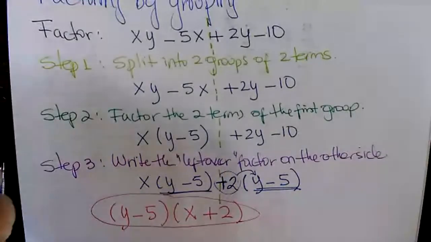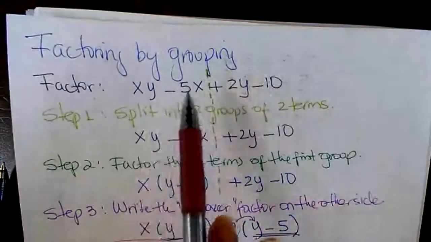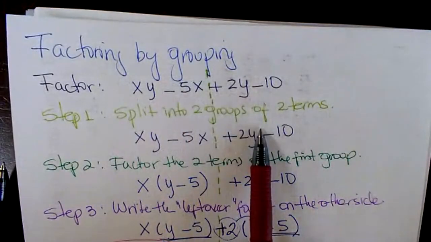What if you took xy and plus 2y, and then 5 minus 5x and minus 10? Would that work too? Oh, you're talking about taking this one first and this one second? Is that what you're saying? Could you do that too?